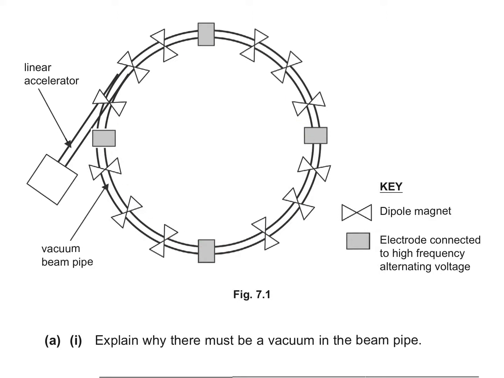It could lead to lots of different problems, but the main one would be that the beam wouldn't continue to hold its energy. We'd have to keep accelerating it to overcome the losses as it collided with gas atoms.